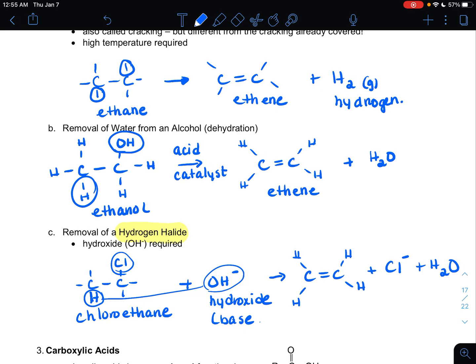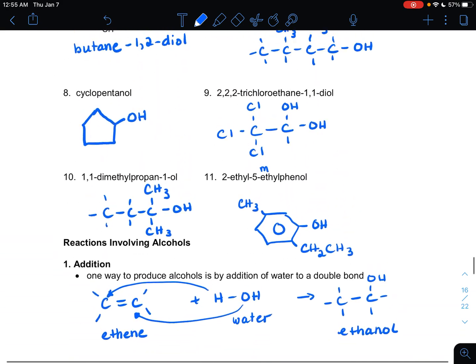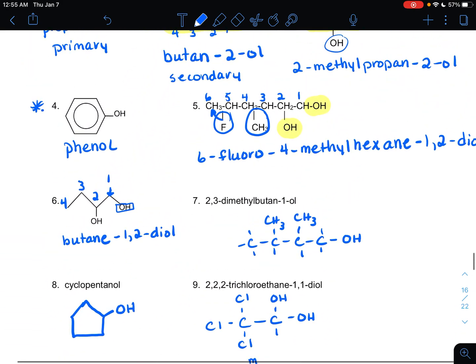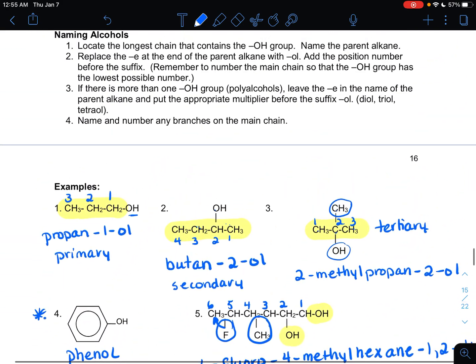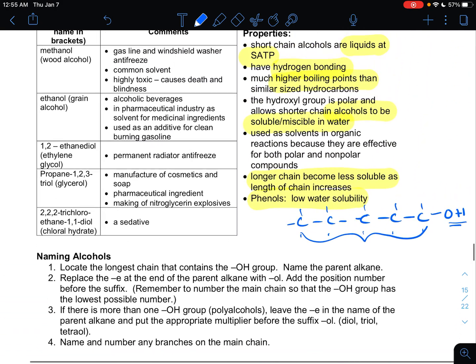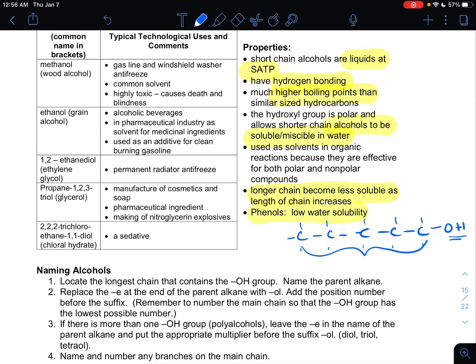You end up having, though, a few extra products that are produced. We also learned about alcohols in terms of how to name them. And remember that their properties are that they are going to be liquids at room temperature. They have higher boiling points because they have hydrogen bonding, but their solubility decreases as their chain increases because the nonpolar part of the molecule becomes larger in comparison to the polar part of the molecule.